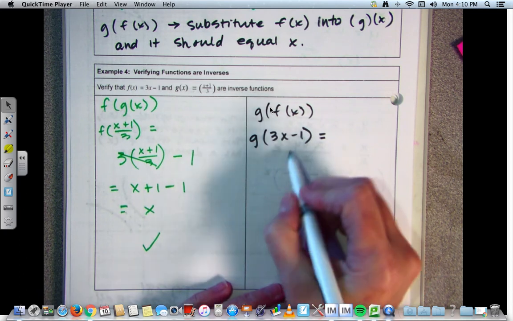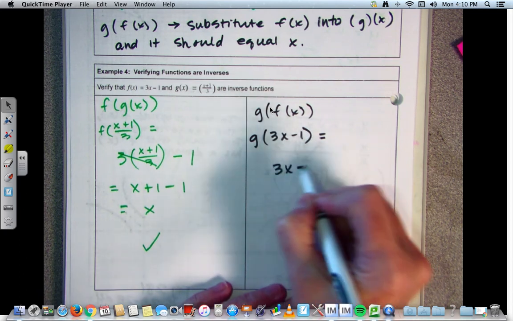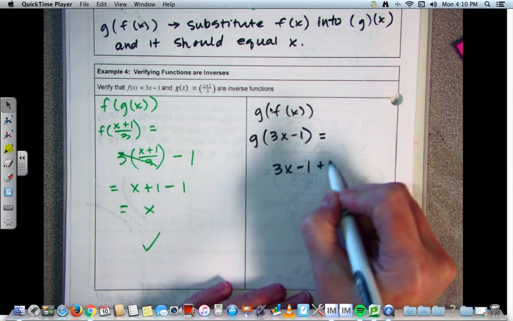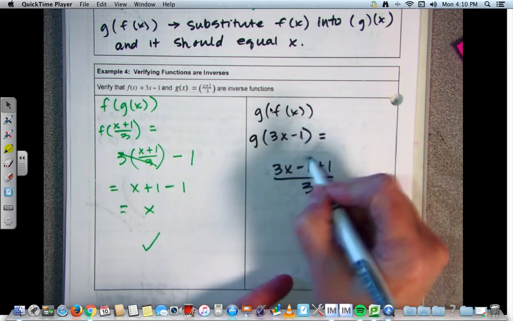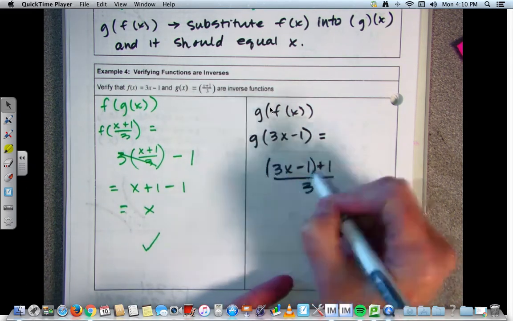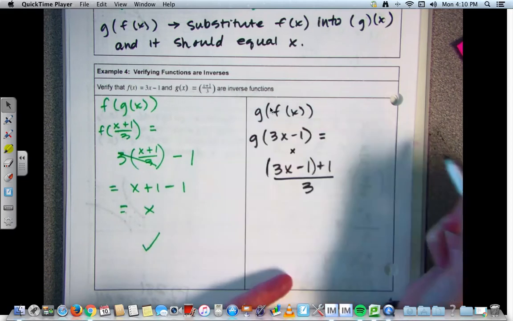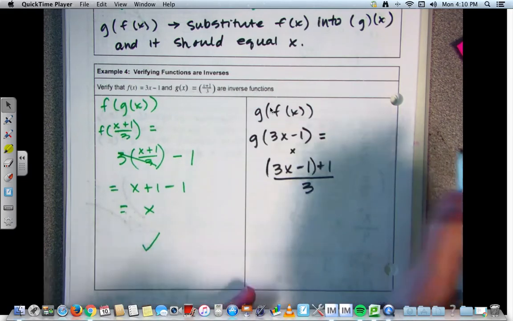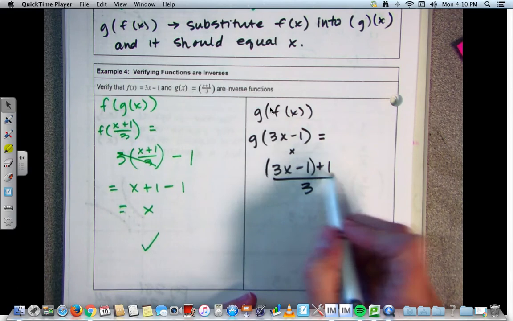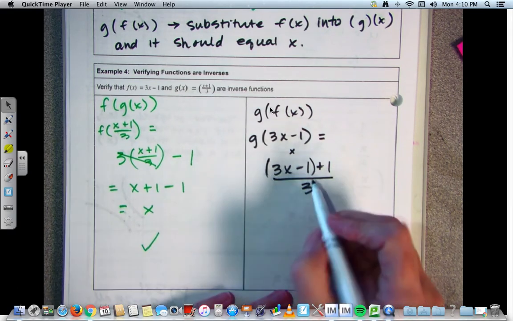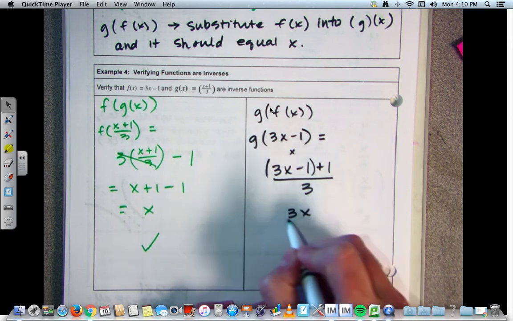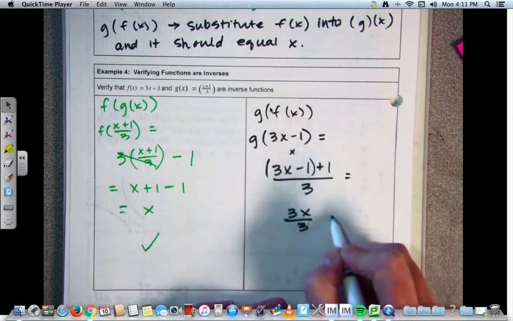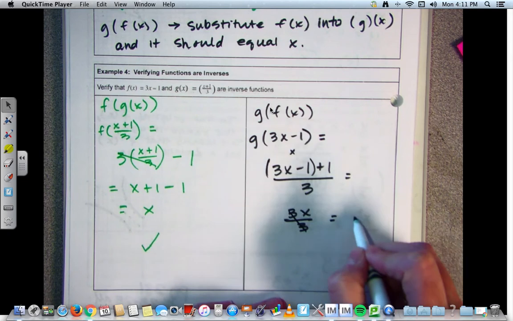So it looks like this: 3x minus 1 plus 1 all over 3. Now I'm going to simplify what's on top. I have a plus 1 minus 1, that becomes 0. So now I have 3x over 3. The 3's cancel, so what's remaining is x.